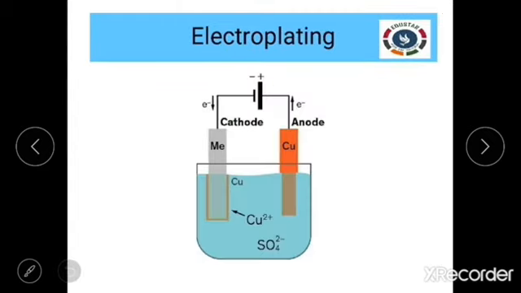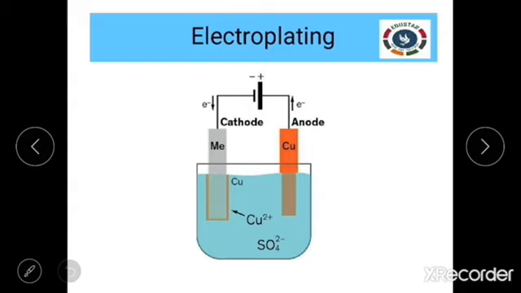Now we are going to talk about electroplating. What is electroplating? It is a method for purification of metals, or it can also be used for coating a precious metal over a base metal. Base metals like iron, copper and brass are coated by gold, silver or any other metal, right? This is electroplating.